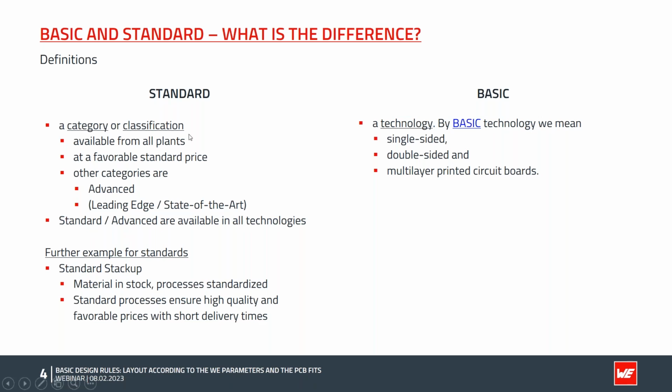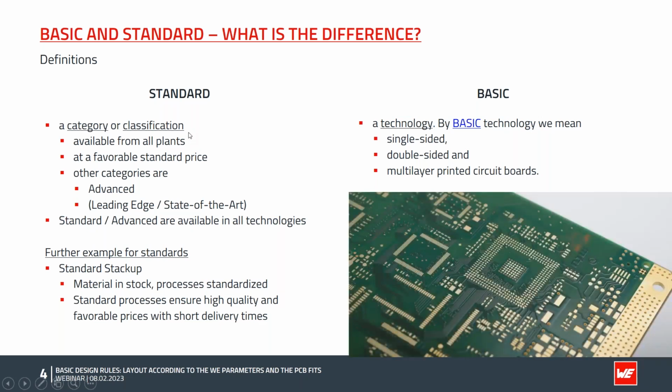So this is a technology, and it's divided, of course, into different classifications or categories. So within basic, we have as well standard and advanced classifications. So basic is the technology.